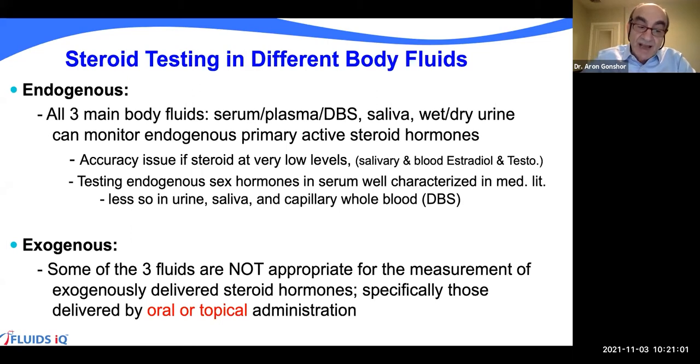However, when it comes to exogenous, meaning when you are giving various types of steroid hormones to the body, not all of these three fluids are appropriate for the measurement of these types of exogenously delivered steroid hormones. And that is specifically a problem when you start delivering these hormones orally or through topical administration, which, as you know, is the way most female exogenous synthetic hormones are offered.